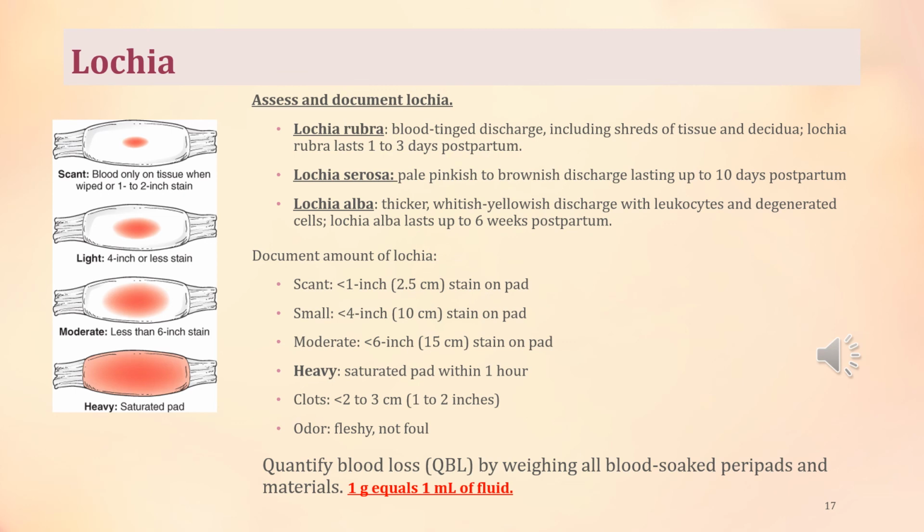Now, a fun fact to throw in there is that, ladies, you can restart your period in that 6-week time period if your body is real regular like that. So it's possible that you will start bleeding again. Typically, we ask that if you go from lochia alba back to lochia rubra, which means I go from a white discharge to a red discharge, I need to let that physician know.